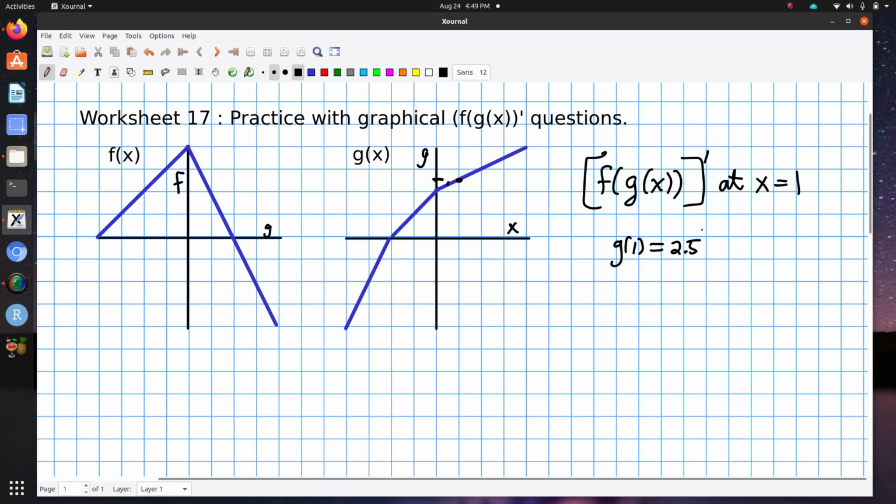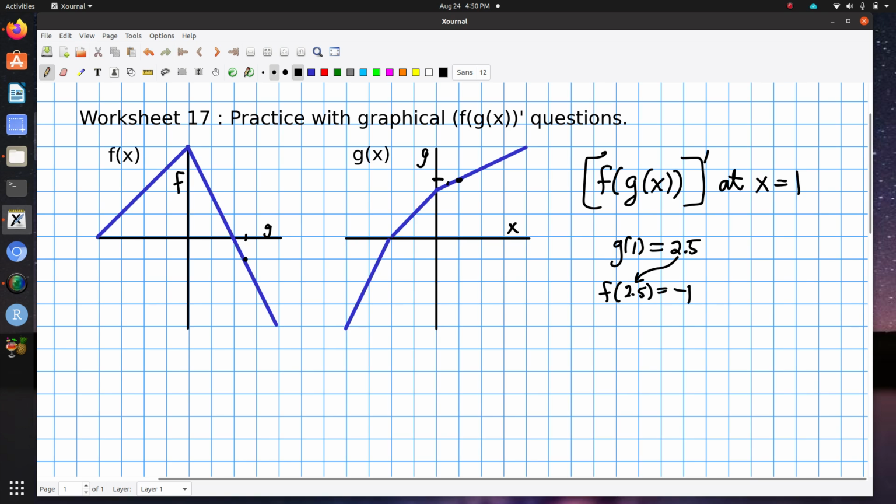Okay? So we want to evaluate f at 2.5. So you want to evaluate f right here. F of 2.5 is negative 1. So that's the value we need.